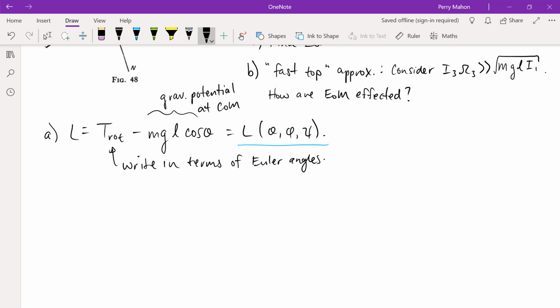Okay, so we know how to write down the kinetic energy, rather the rotational kinetic energy, in terms of the Euler angles. So we'll just take that as given.